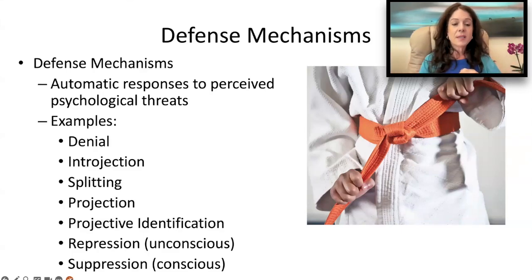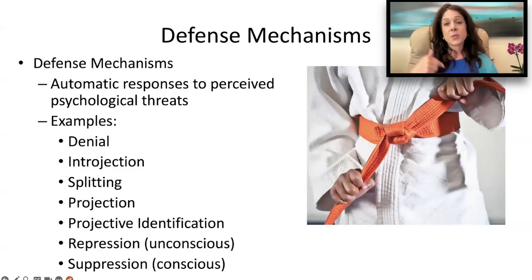Projection, we talked about it. Projective identification is when you project onto someone else, usually your unconscious thoughts, desires, or wishes, and often then attack them for it. Repression is the unconscious process of stuffing some thought or impulse that you don't want to acknowledge or be identified with.